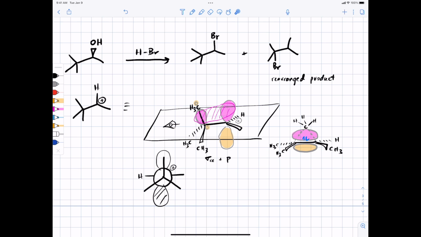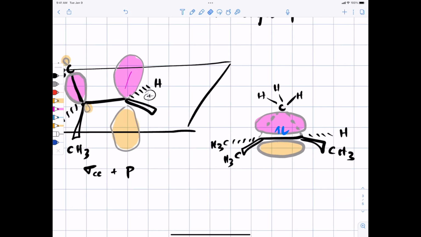If you drew an energy diagram of a hybridized orbital, would this be an sp3 or sp hybrid orbital? What's the hybridization of these carbons? Well, they're probably not tetrahedral and they're probably not 100% flat, so somewhere between sp3 and sp2.